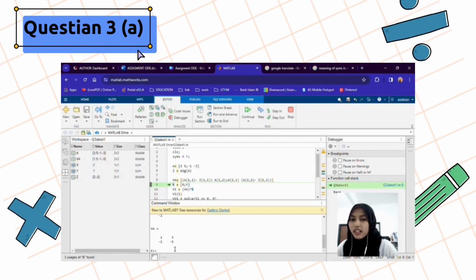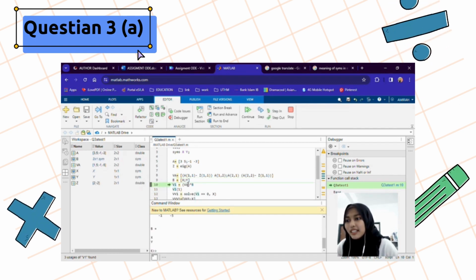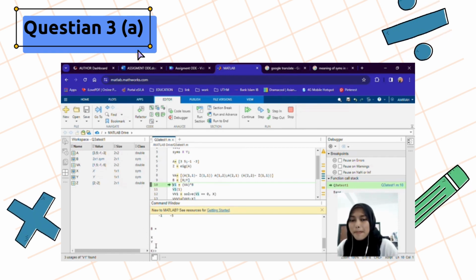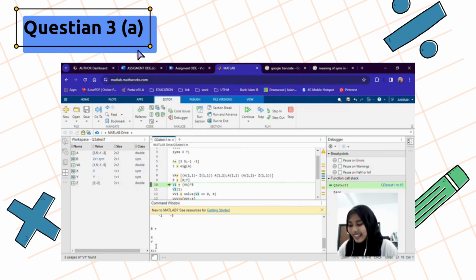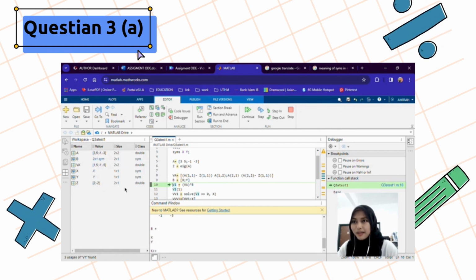But then this is not in the x and y form. So I write the code bxy so that it will create the x and y form.